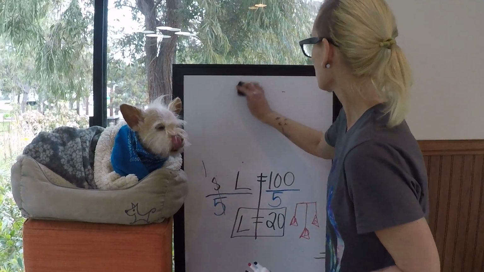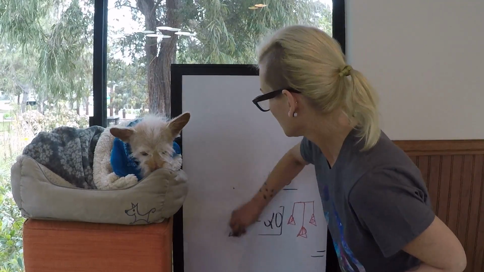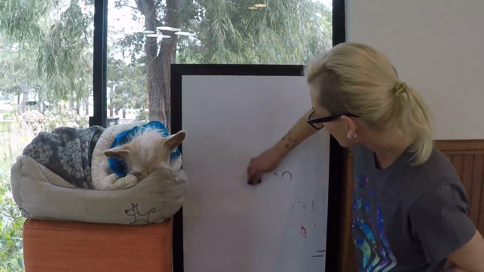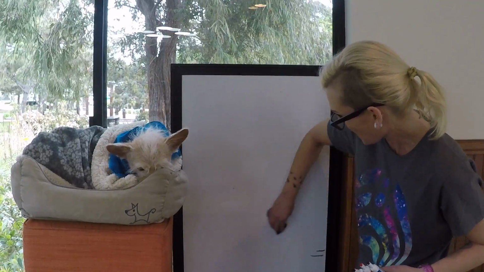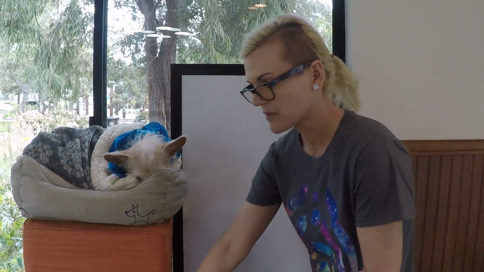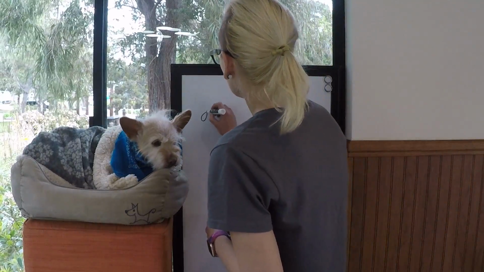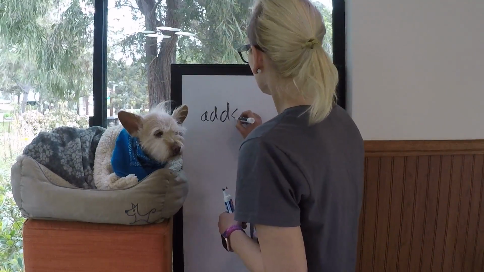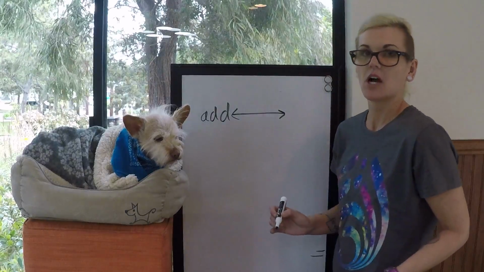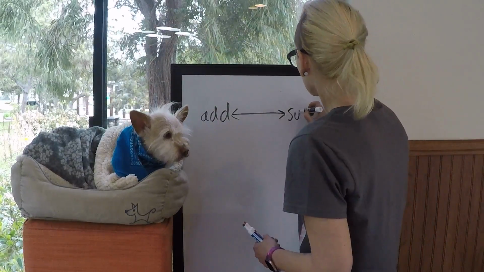All right, so let's write down a couple rules. I said that because we multiplied by 5, we have to divide by 5. So what happens when you add? If we're adding, the opposite operation is to subtract.